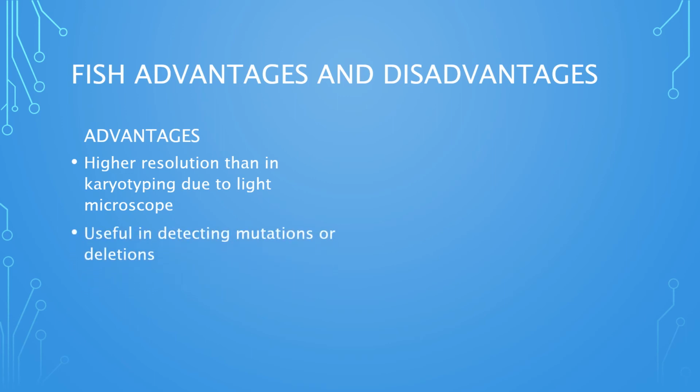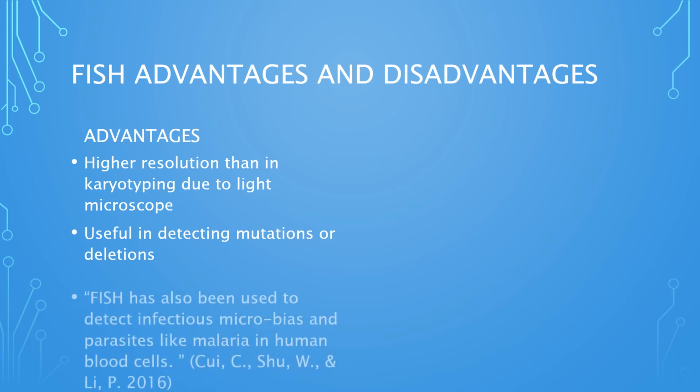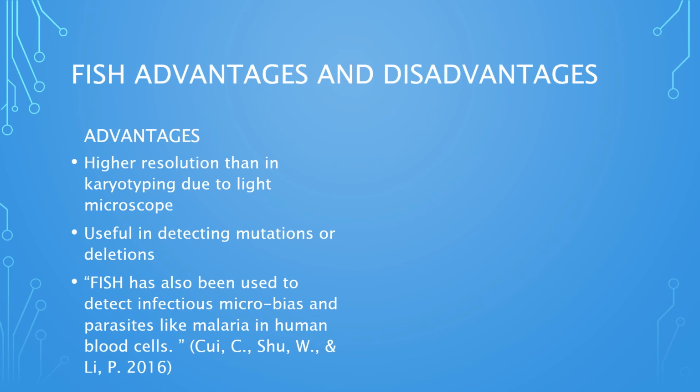FISH analysis is useful in detecting mutations and deletions within the cell. And according to a research article, FISH can also be used to detect infectious microbes, which include parasites like malaria in the human cells.